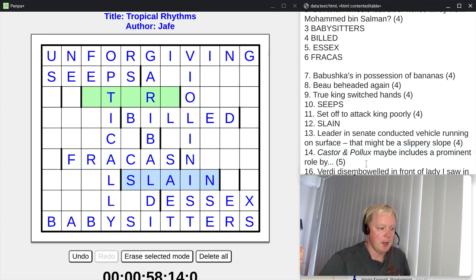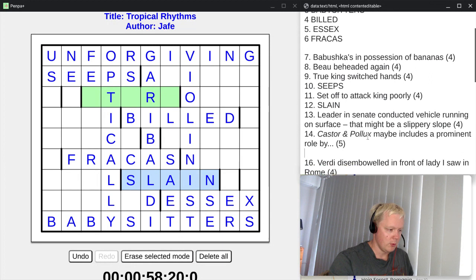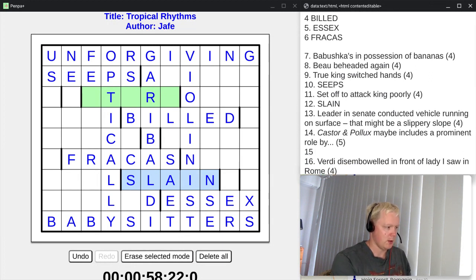Castor and Pollux maybe includes a prominent role by someone, and actually we removed the 15. 15 was this unforgiving, wasn't it? So we have to have a word between slain and unforgiving in alphabetical order. So what's it going to be?